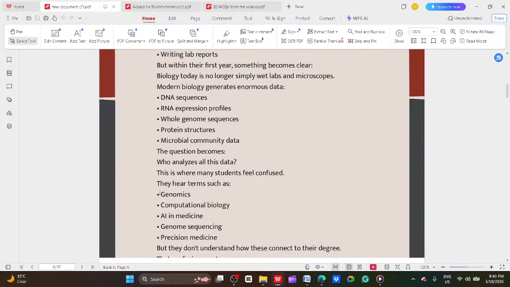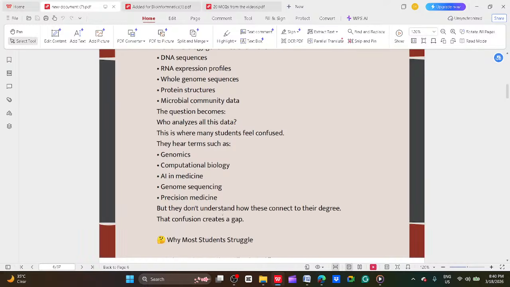So many people, anytime they come across these words, genomics, computational biology, artificial intelligence in medicine, genome sequencing, precision medicine, they will run away.